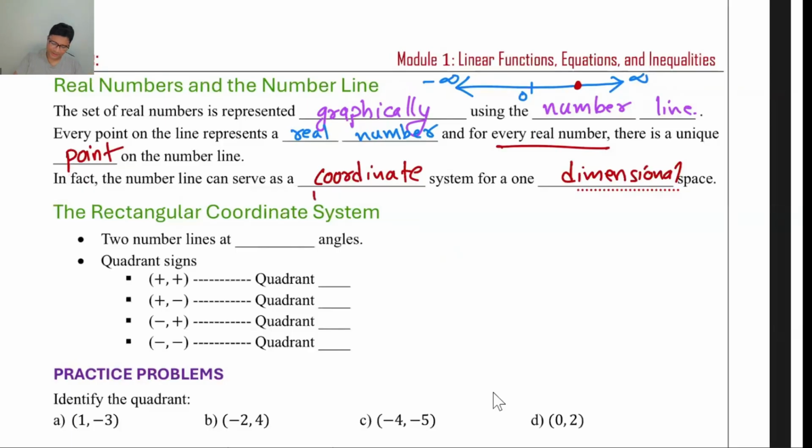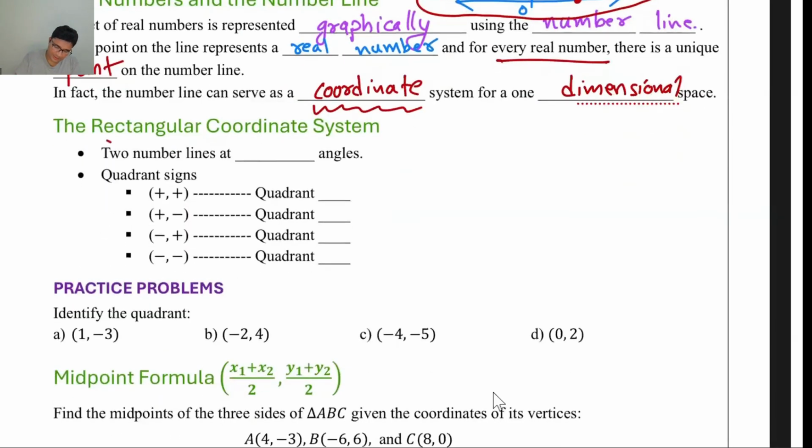We call it a coordinate because it tells you how far and on which side, positive or negative, north or south, of the reference point any other point is. So in that sense, you can use this number line as a coordinate system for 1 dimensional space. Keep this idea when we talk about the rectangular coordinate system.